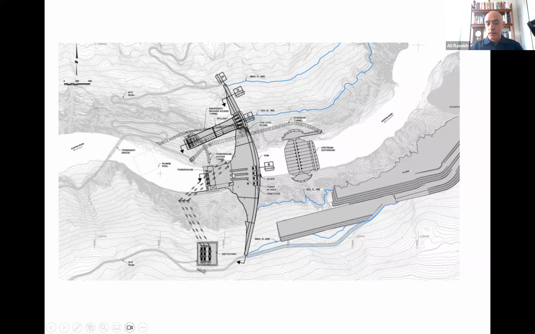So we may call this arch gravity, as it uses both the weight and the arch shape to withstand the water and build up a huge reservoir here. Water would be transferred to an electricity generating station, and then electricity is produced, goes to a substation, and goes to the grid, in summary.